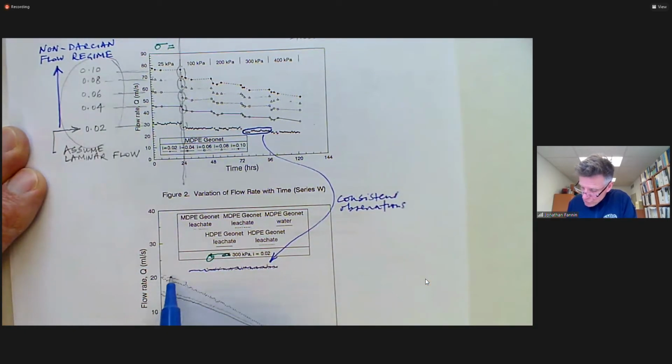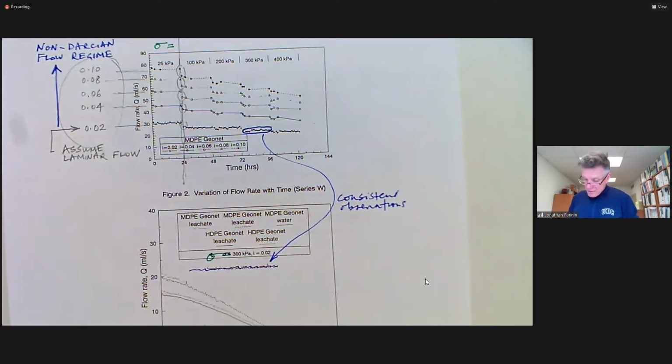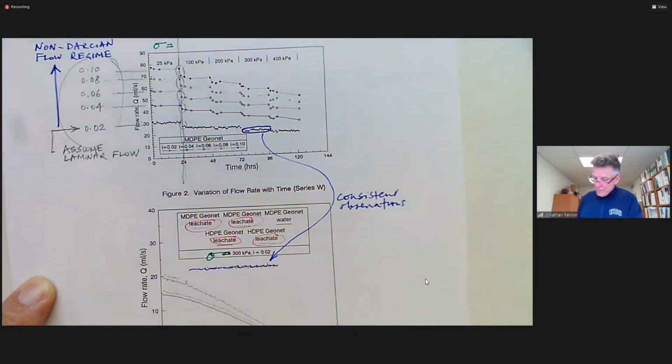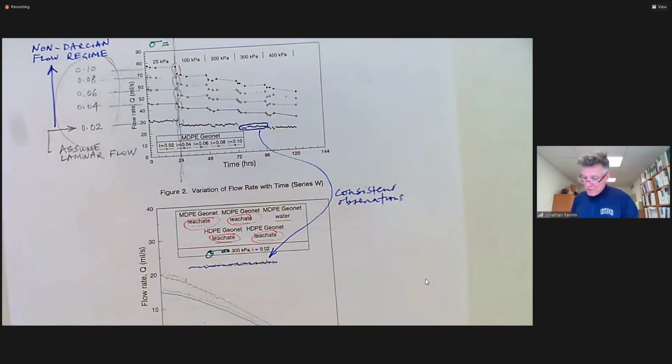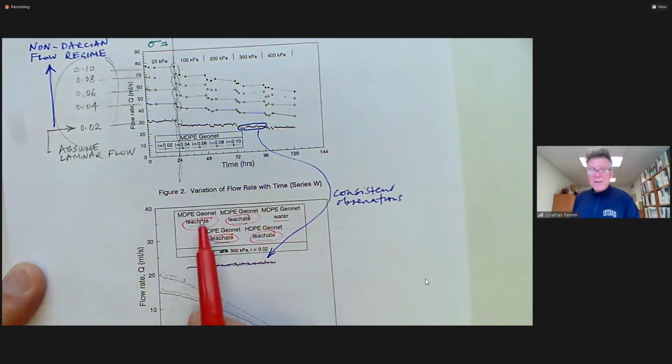I'm not quite sure why these don't go back all the way to 0, but we'll leave that as it is. And then the other data are for leachates, and various geomembranes, there's a number of different geomembrane products in here.